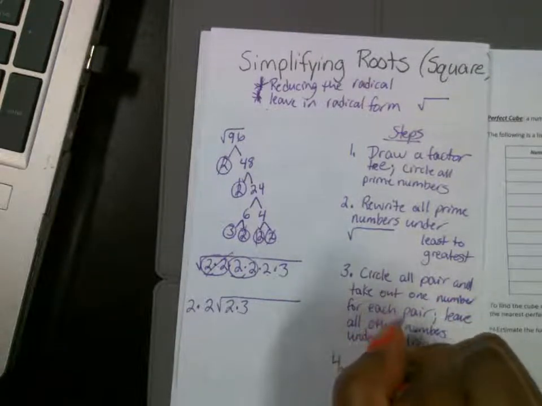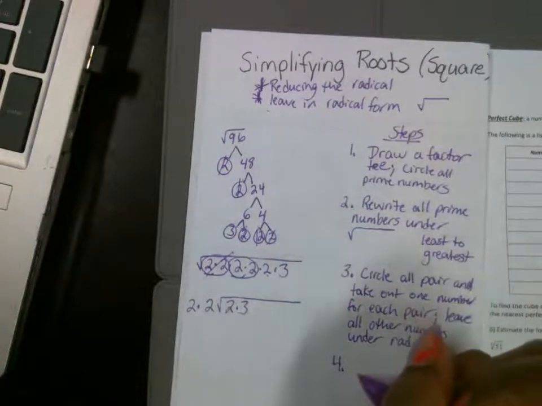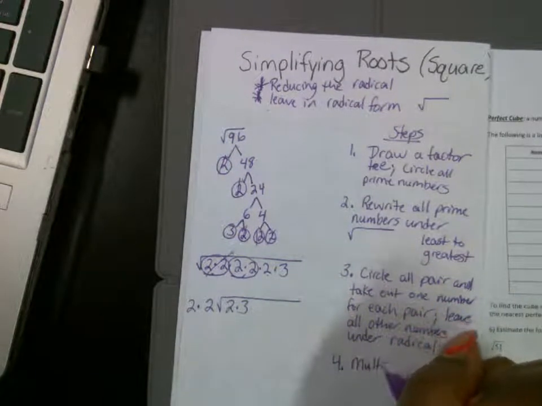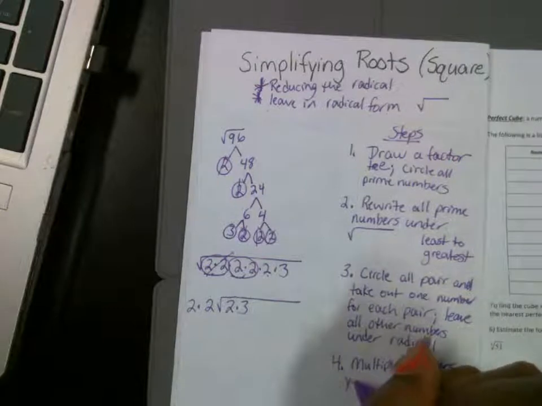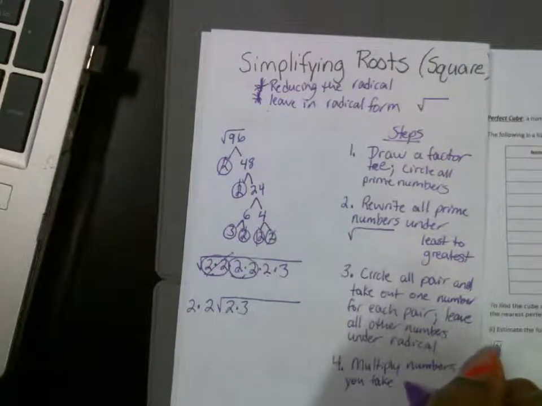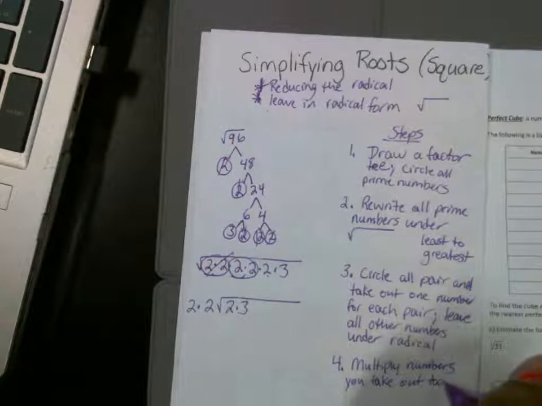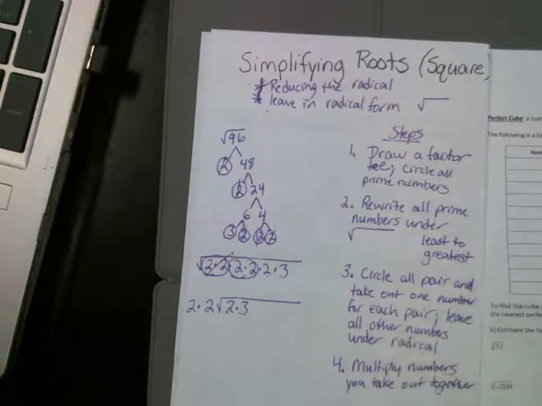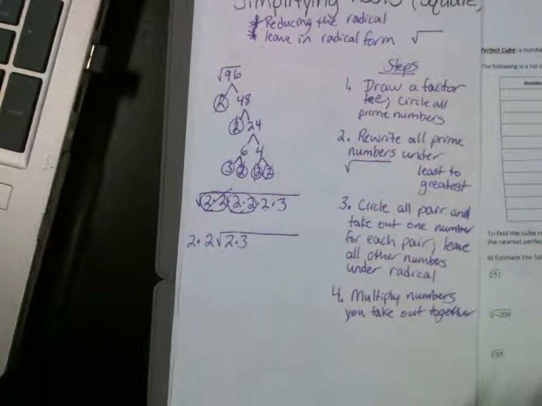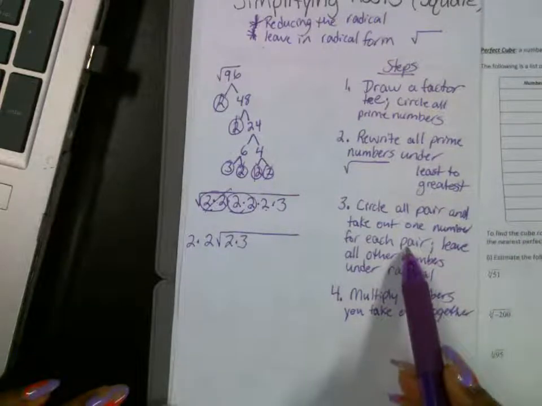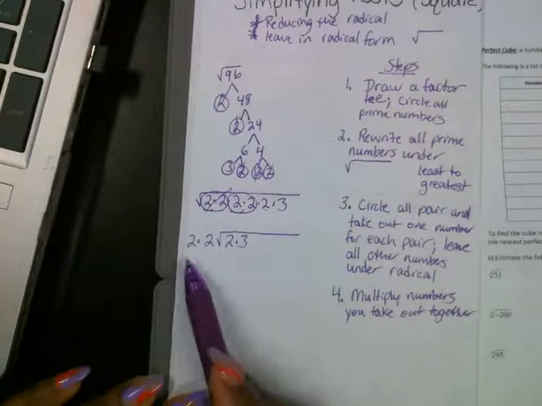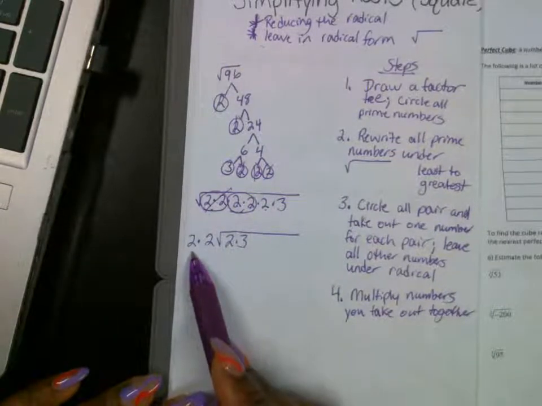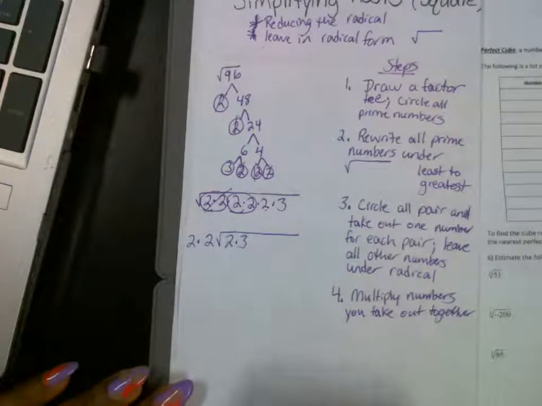So last step, multiply all the numbers you take out together, and multiply the numbers left under the radical together.